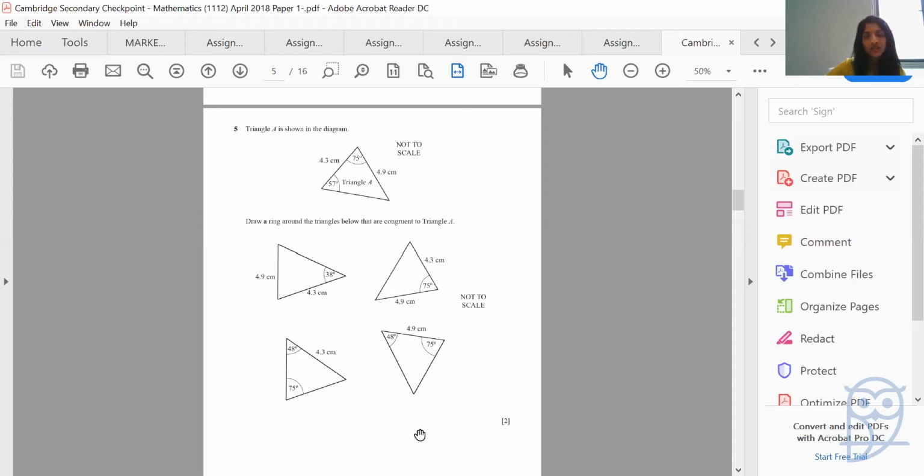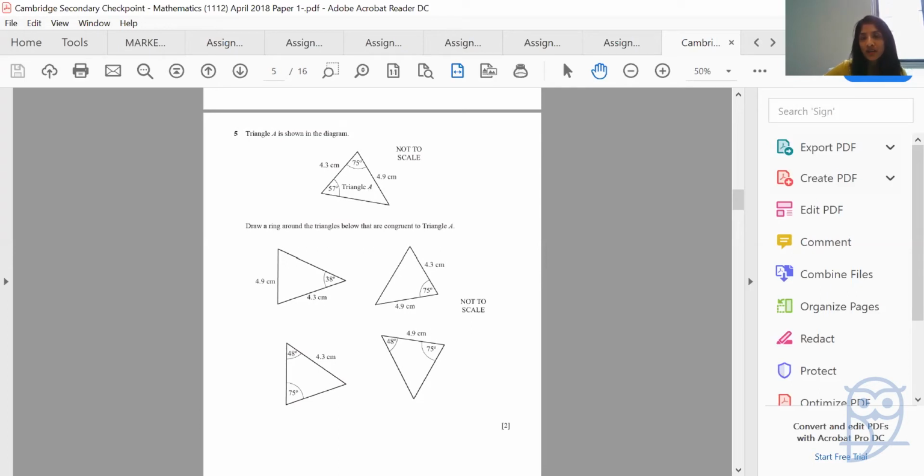One side and two angles that would be equal to triangle A. So guys, you got to look at the sides, you got to look at the angles so that you can use this when you're working out congruency.